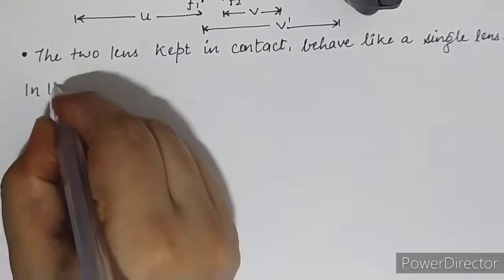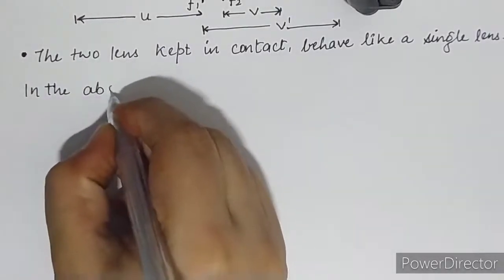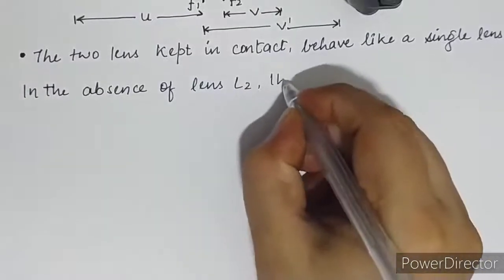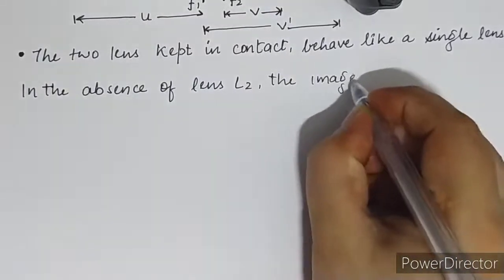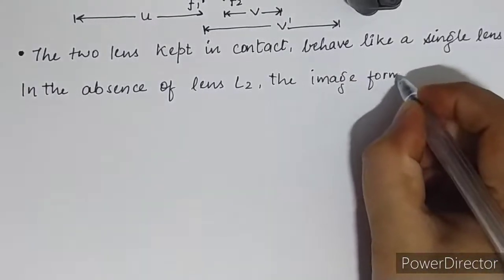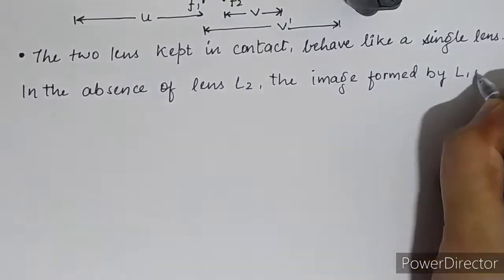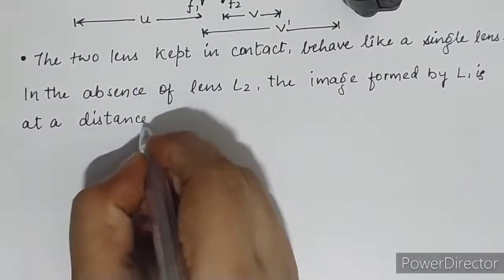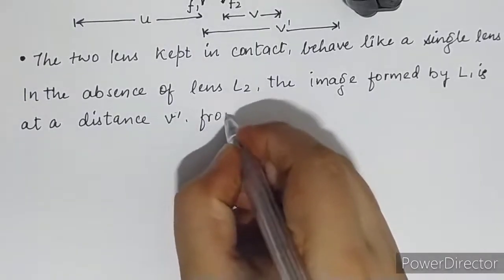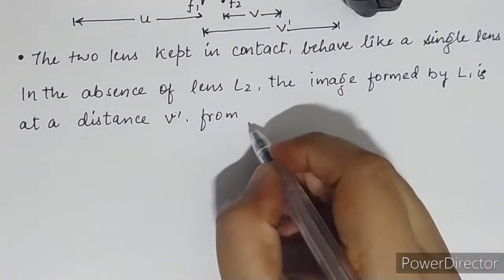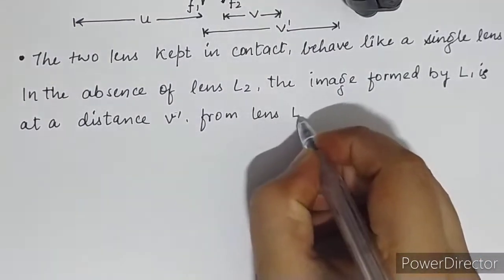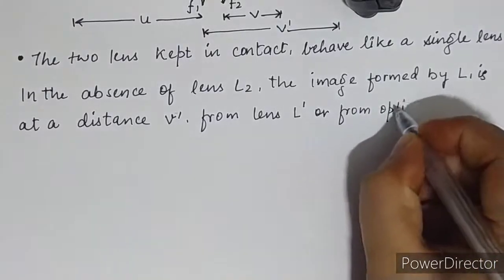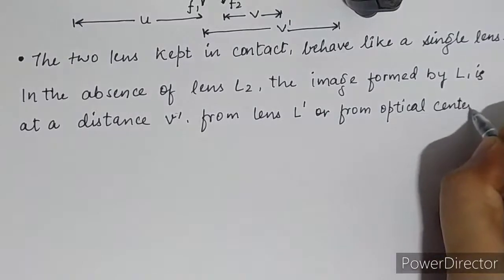In the absence of lens L2, the image formed by L1 is at a distance V dash from lens L1, or from optical center C1.